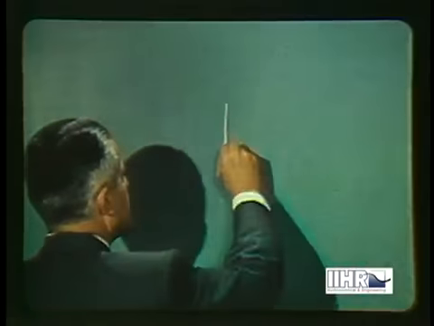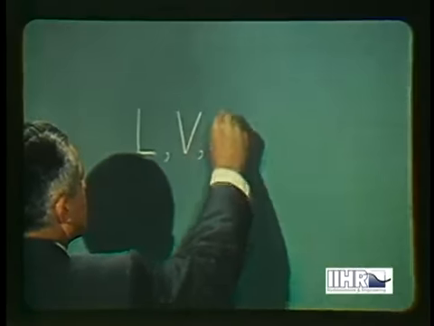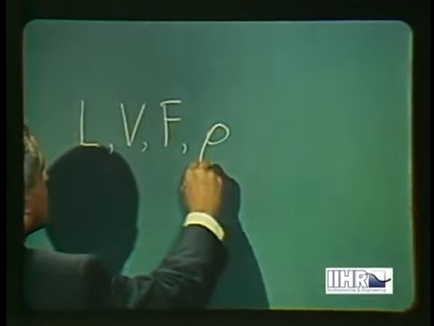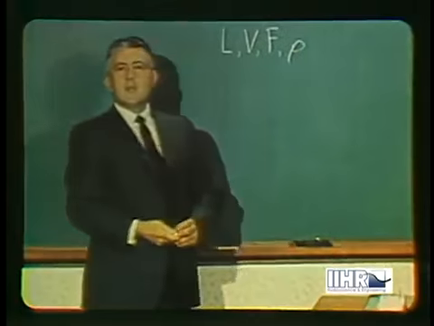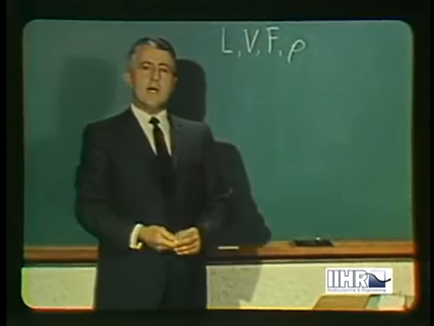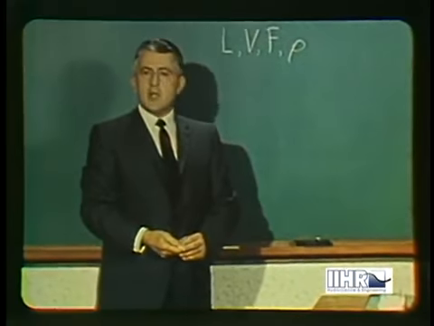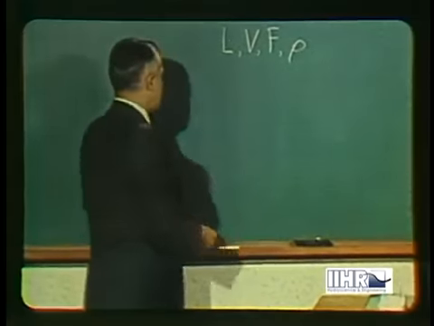One principle states that if a case of flow depends upon only 4 variables, the geometric scale, the velocity of flow, the force exerted by the fluid on the boundary, and the density of the fluid, that these 4 variables can then be combined to form a single non-dimensional parameter.